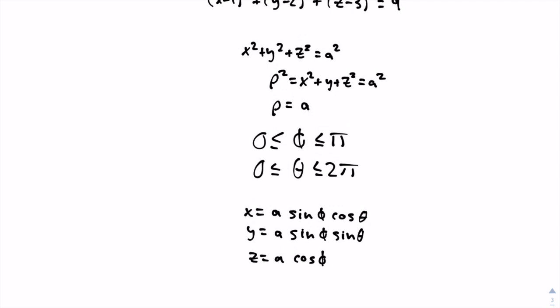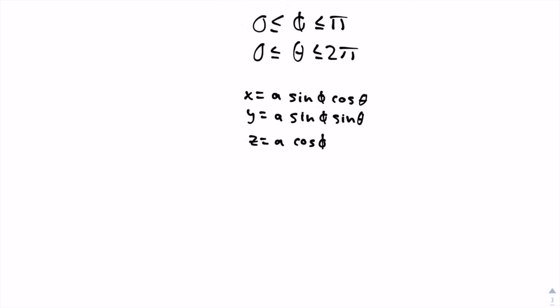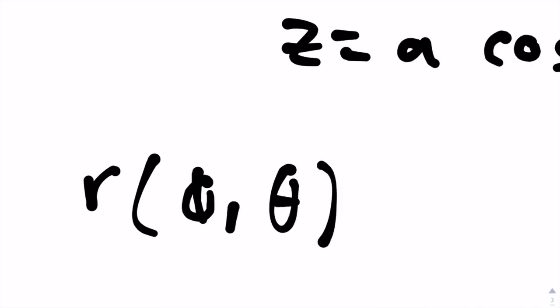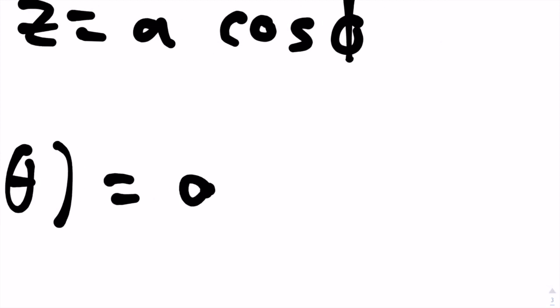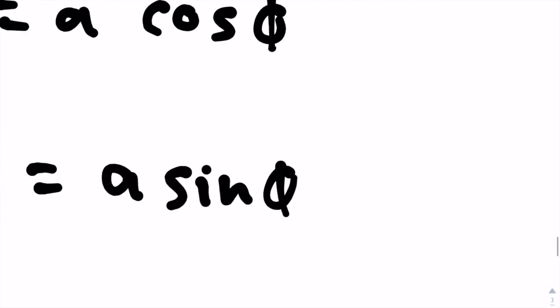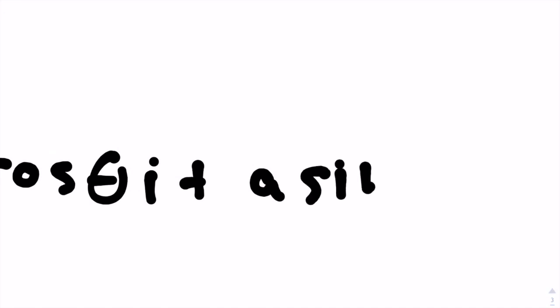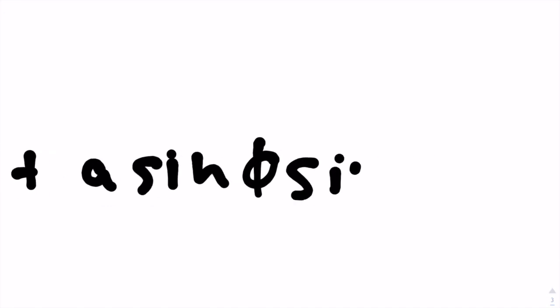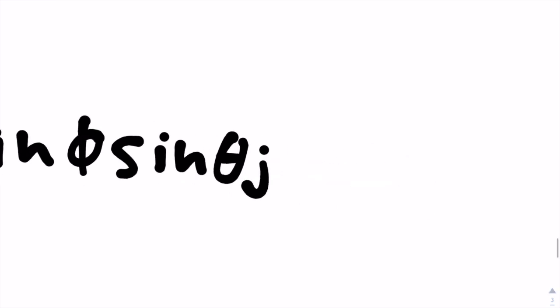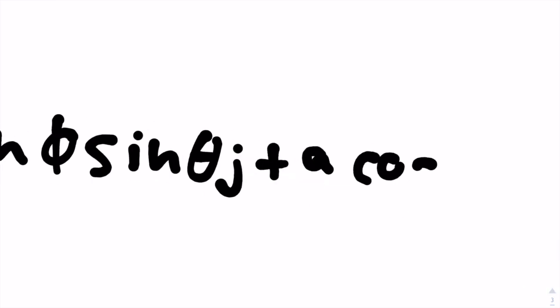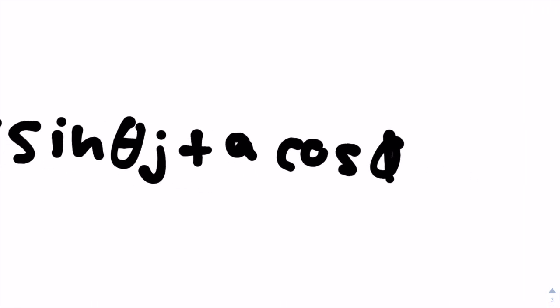And if we want to write out the parametric equations for this surface, we can say that u in this case is equal to phi and v is equal to theta, and we can say that r in terms of phi and theta is equal to a sine phi cosine theta i plus a sine phi sine theta for the y component and a cosine phi for the z component.